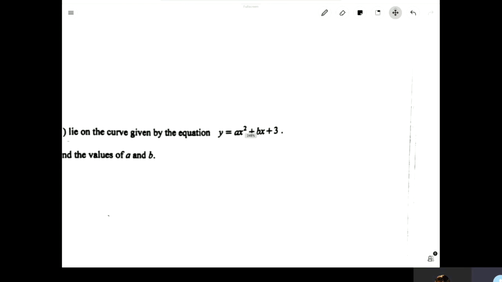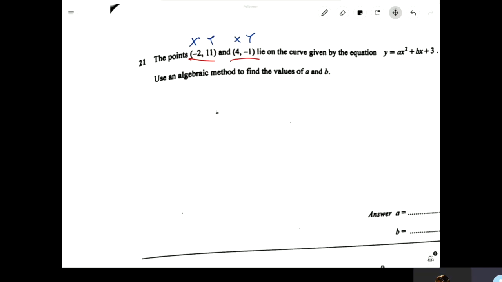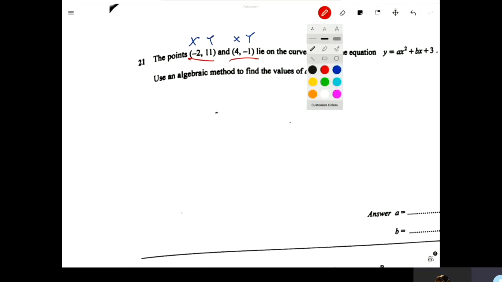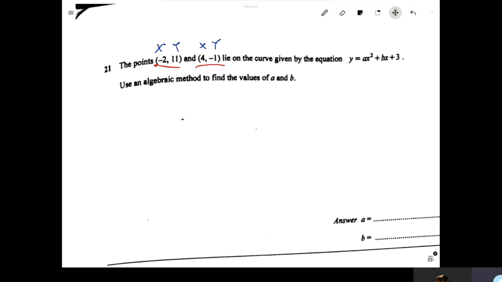You're going to get two equations, and they will be your simultaneous equations. So I'm going to do them now. For example, first one, let's substitute the first set. So 11 equals a times -2 squared plus b times -2 plus 3.